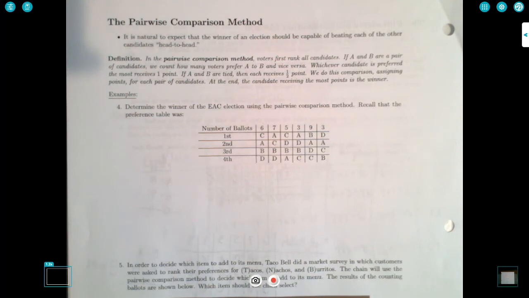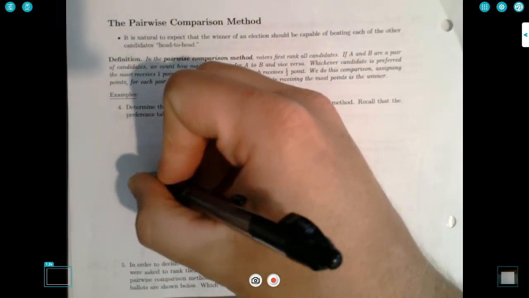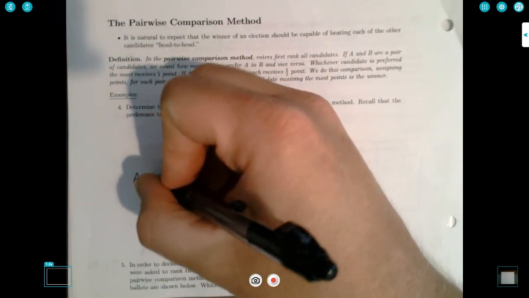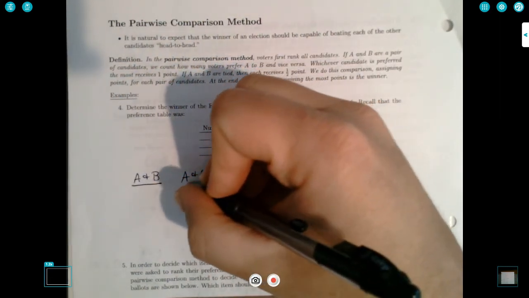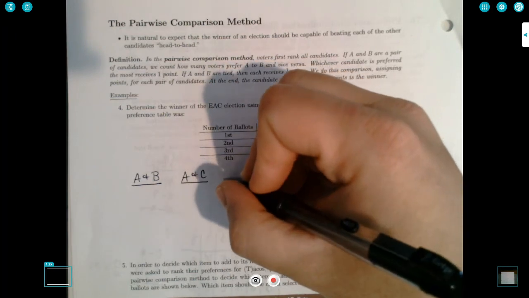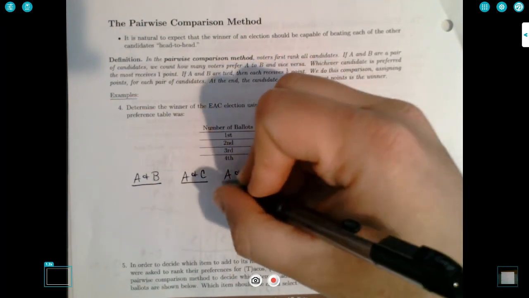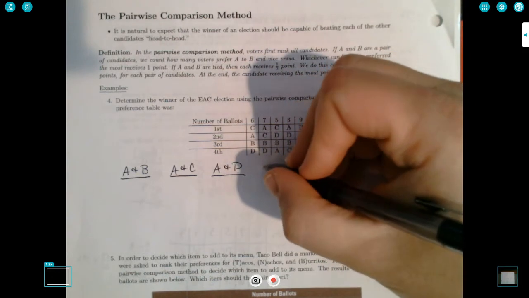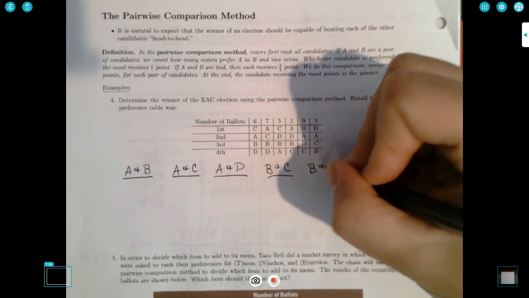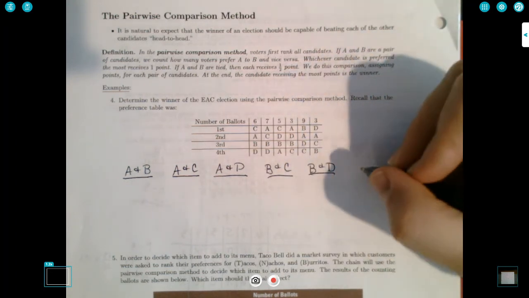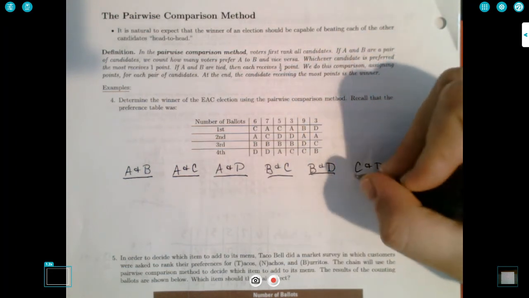What we need to do is compare A to B, A and C, and A and D. But then we also need to compare B and C, B and D, and then C and D. So we have 6 comparisons that we need to make.